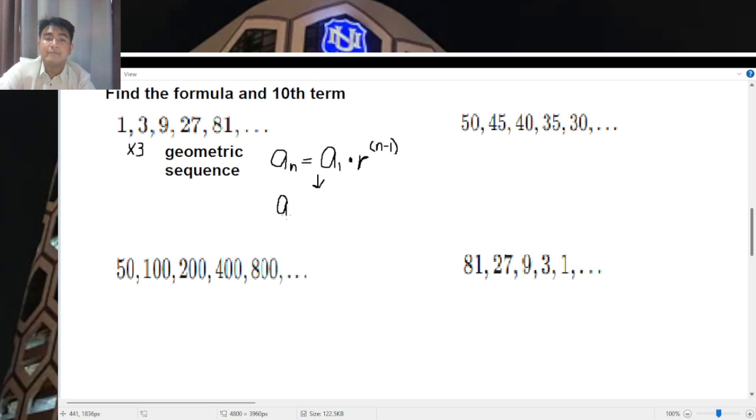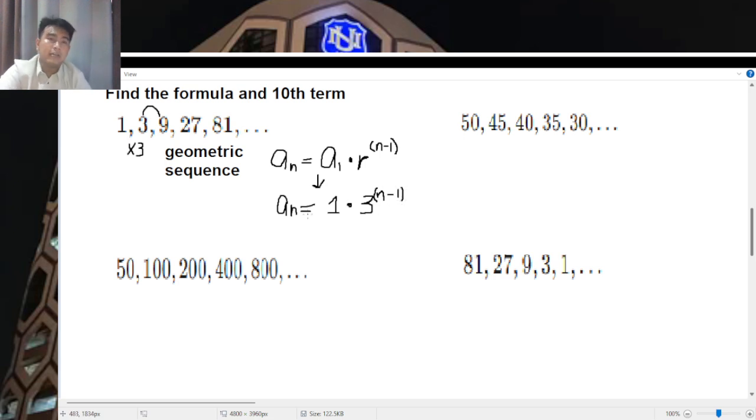So the formula should be written as equal to 1 times the ratio. The ratio is how much it's being multiplied. It's being multiplied every time by 3. So it's going to be 3 to the n minus 1. So this is going to be the formula.